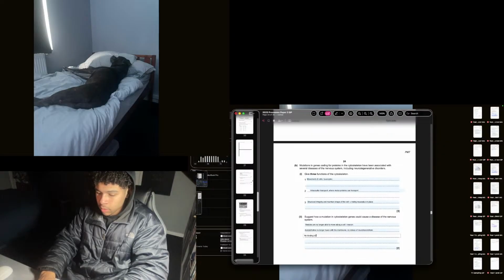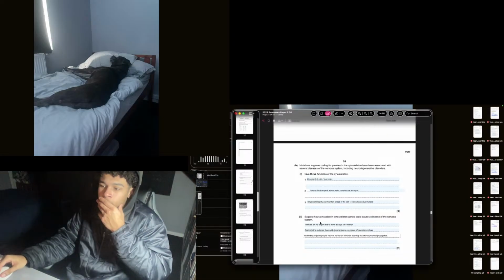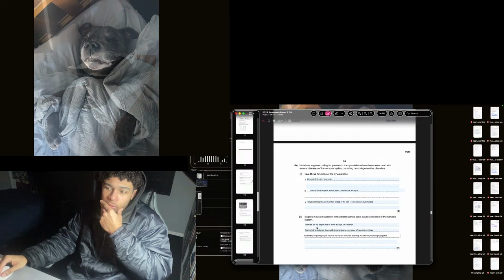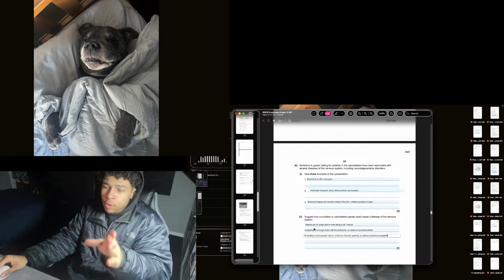No binding to postsynaptic neuron. Propagated. You see where I could have got this first thing wrong.